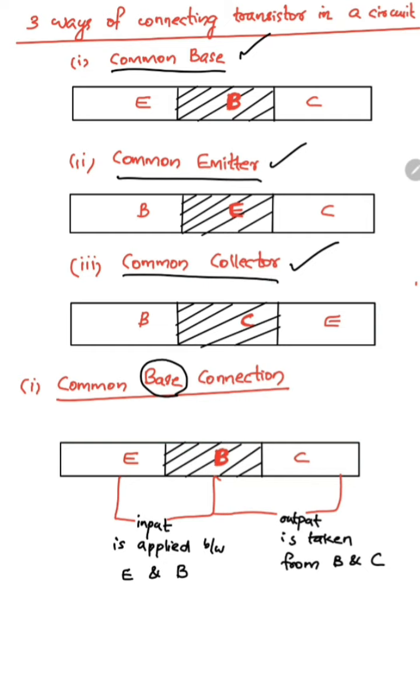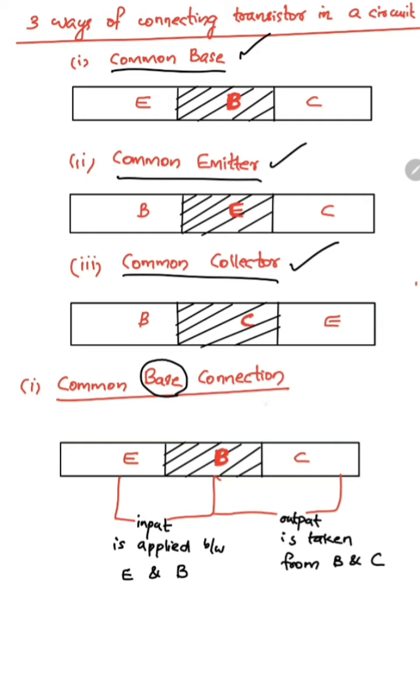You need to remember only these alphabets in all three connections, and you have to take care that the calculations or expressions we derive in one connection are the same as in all other connections.